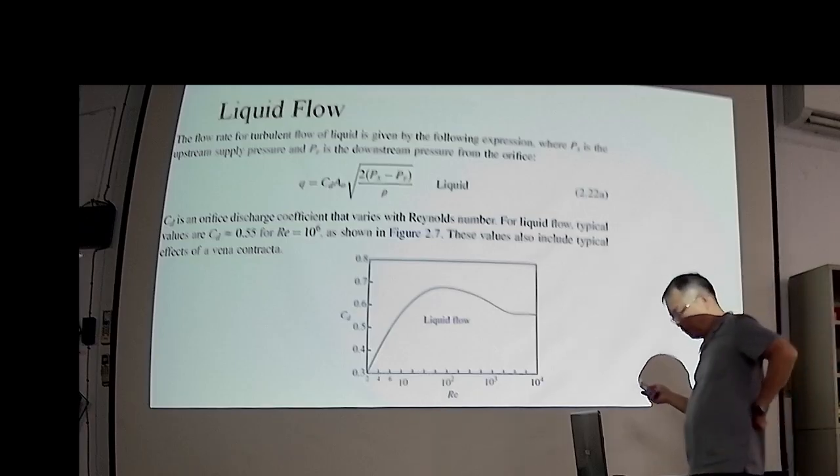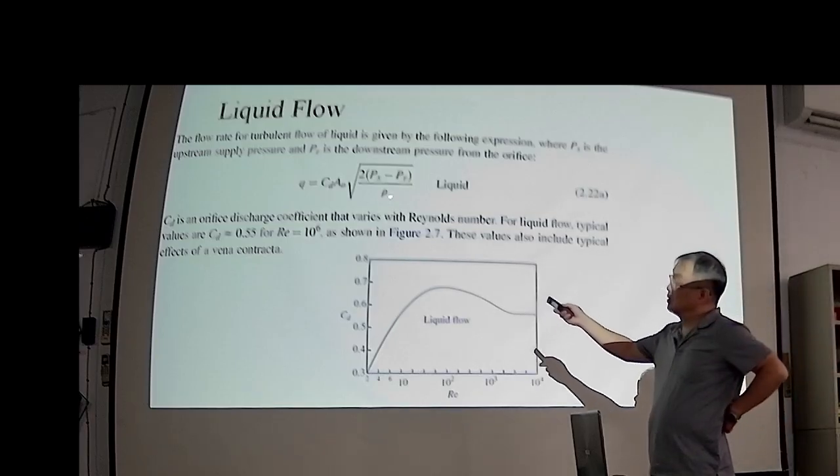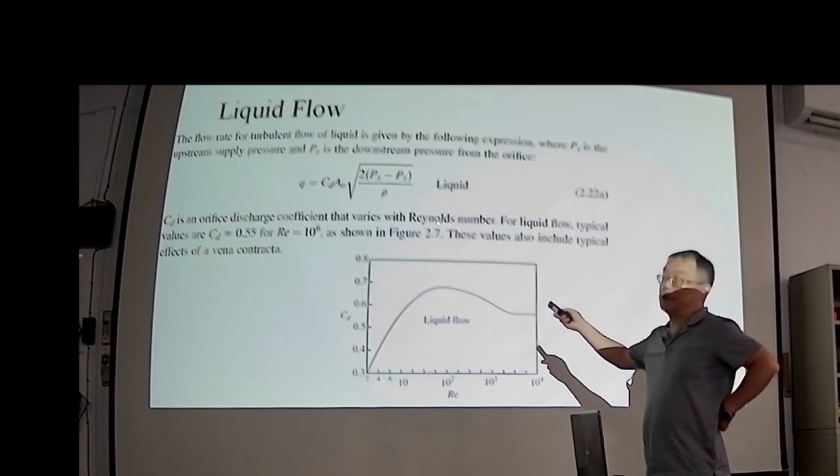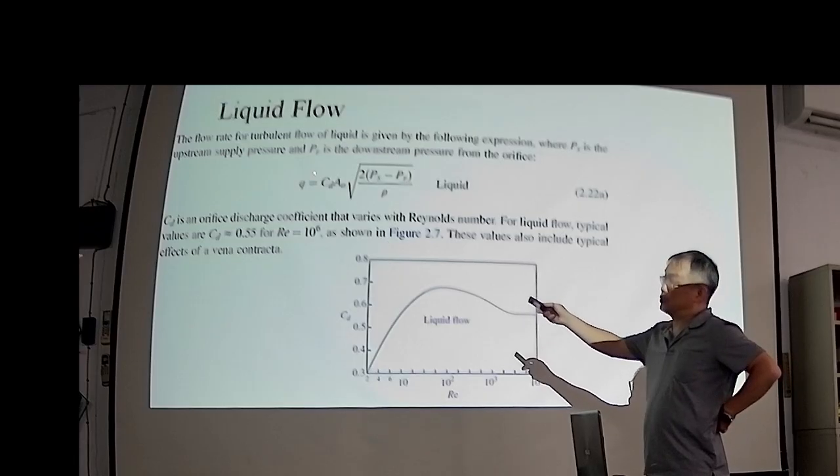Last time we discussed that for the orifice restrictor, the volume flow rate can be calculated by using this equation.